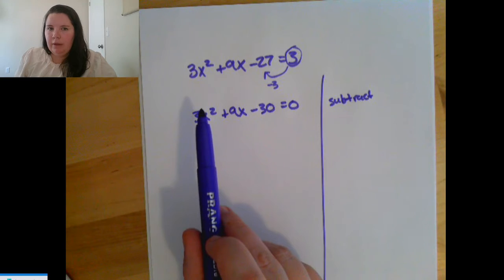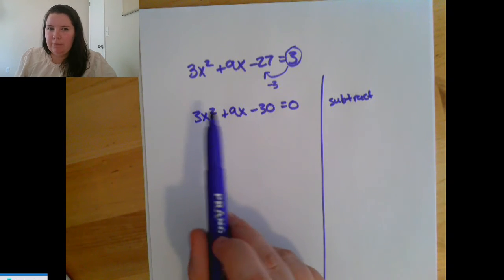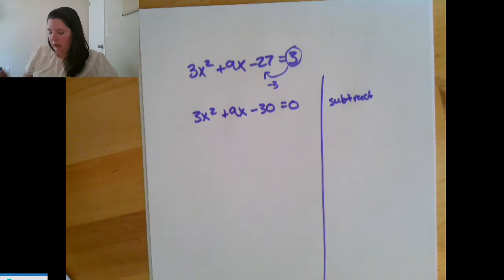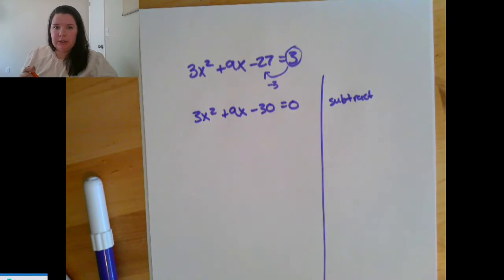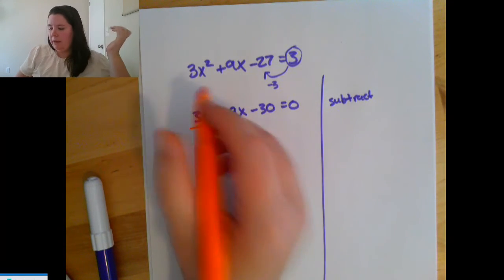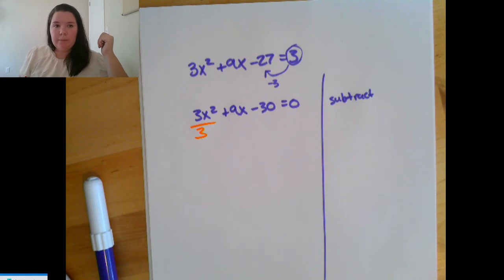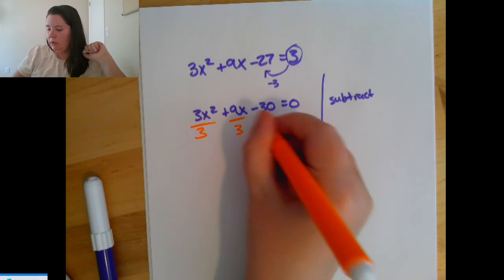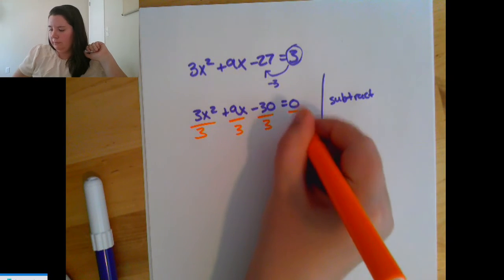Okay, now there's this annoying 3 in front of my x squared piece. So the secret of mathematicians is that you can do anything you want to any math problem whenever you want. I want that 3 to go away, so I'm just going to make it go away. You can do that to any problem as long as you do it to all the pieces.